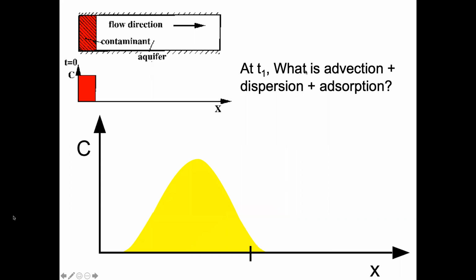What happens if, though, we have something that's called advection and we have dispersion, but then we have absorption taking place? Again, we start at this initial condition in our system. And with absorption, what we can see is that we're having a slug that's moving through. It looks very much like what happens with advection and dispersion, but at T1, it hasn't made it nearly as far.